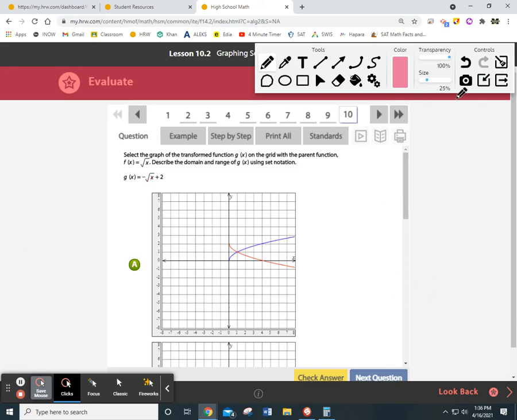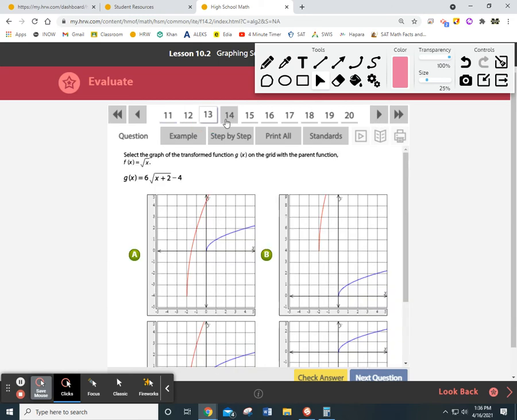All right, let's see what else we've got here. If I want to talk about this problem, go ahead, figure out where your starting point is, change your h. There's your k.